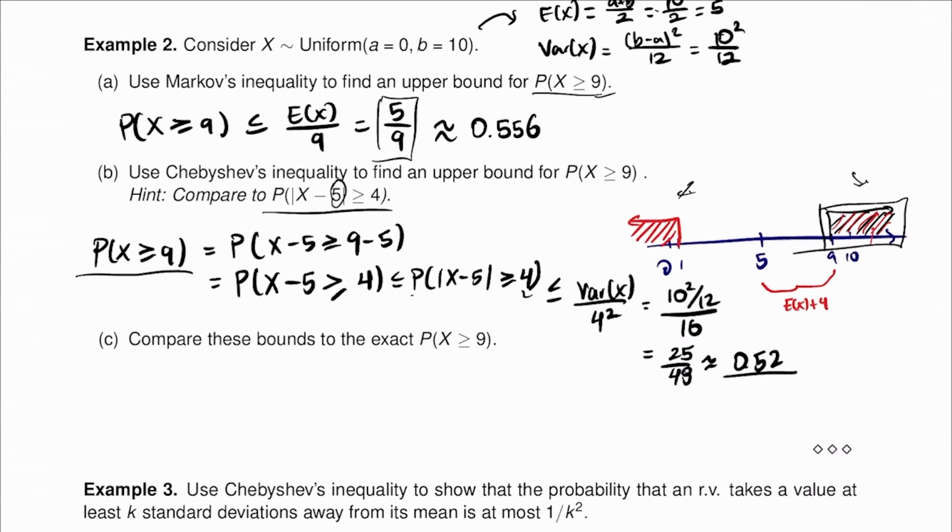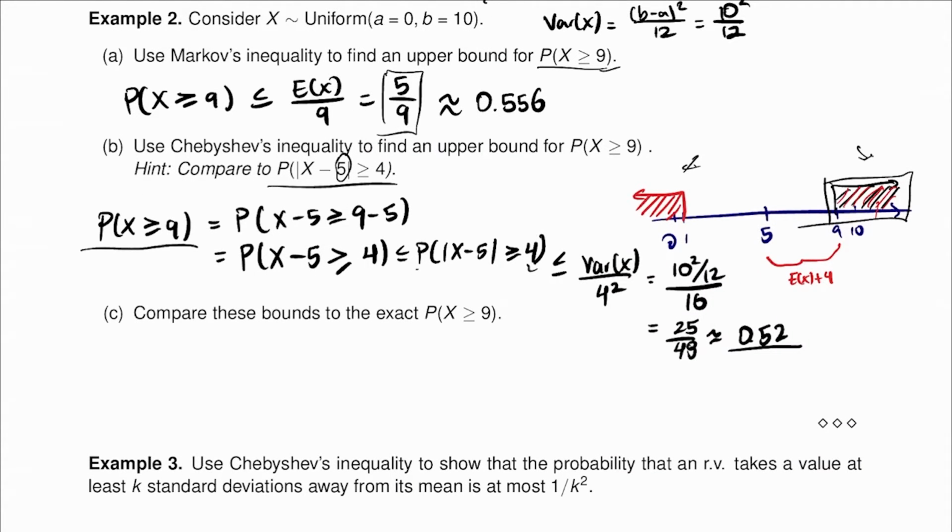So this upper bound says that this probability should be less or equal than 0.52. Okay, what if we want to calculate the exact probability and compare these bounds to see how accurate they are? We can calculate that probability using geometry or using the uniform distribution. We have different options to do that. We have also done it in past lessons.